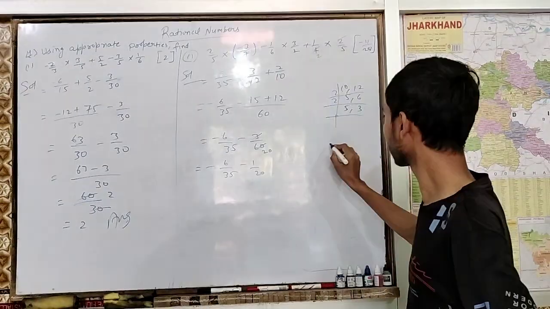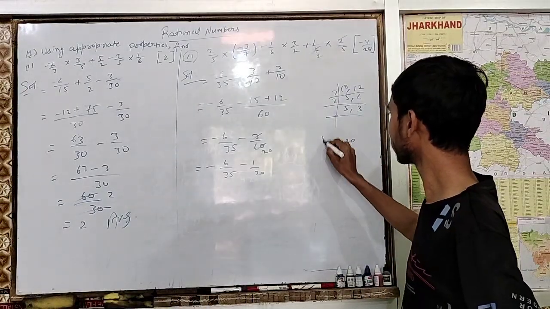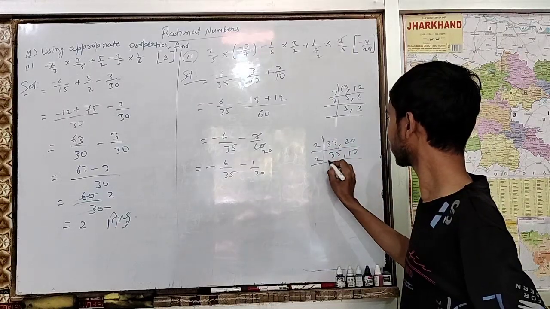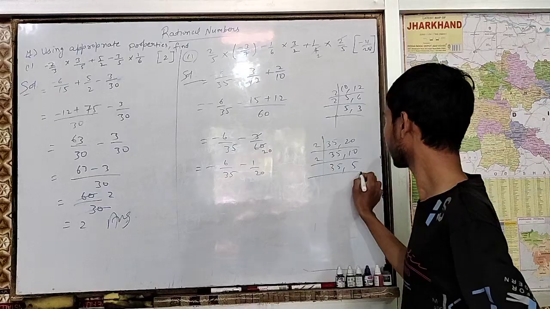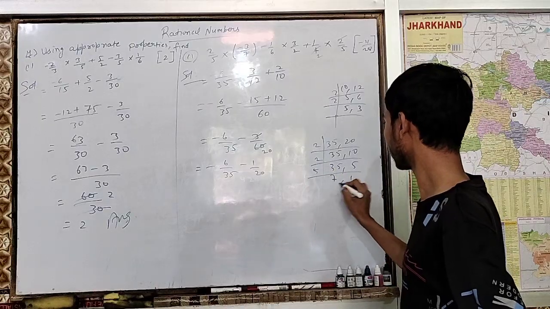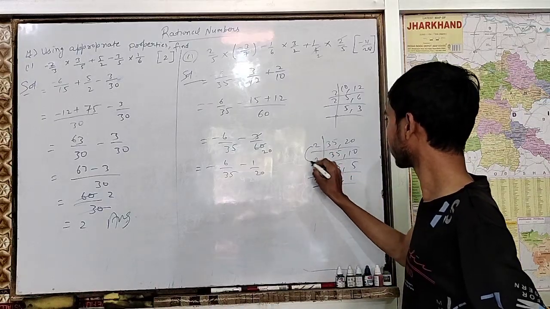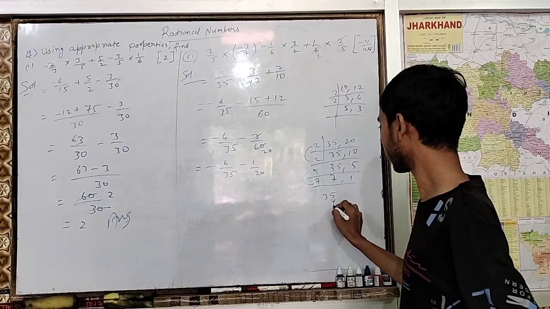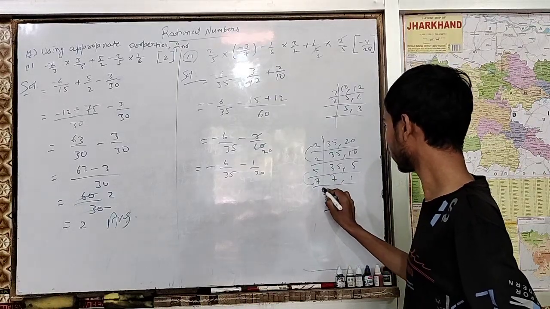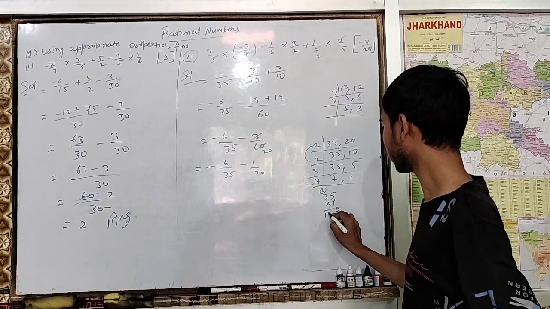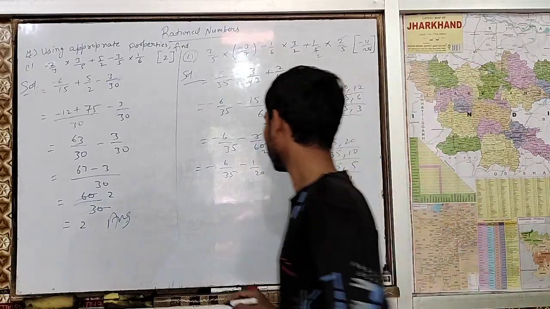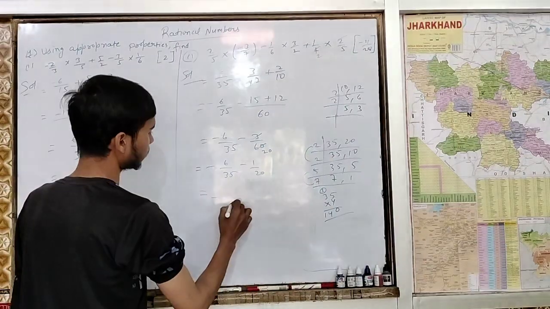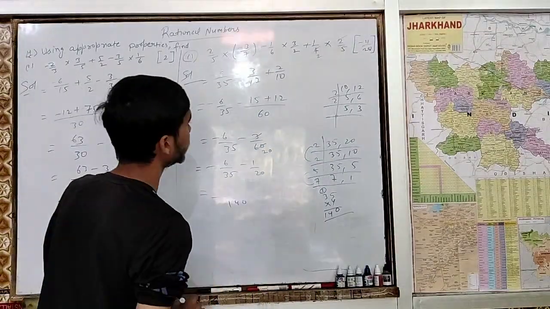LCM of this would be 35 20. 35 10, 35 5, 5 7 the 1 7. 2 to the 4, 35. 35 4 the 4, then 2 4 to the 4 3 the 12, 40. 140. Okay.